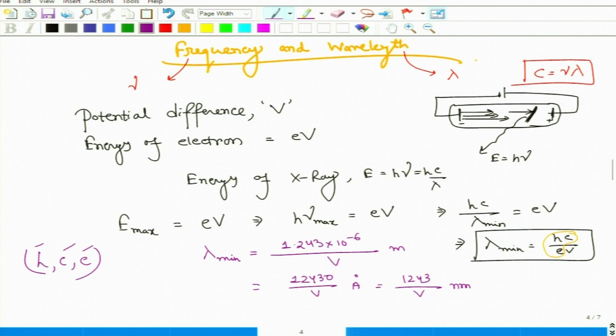Now it totally depends on our voltage. You have to understand that when the V voltage is given, X-ray is emitted, right? The X-rays have different kinds of wavelengths. The maximum energy that electron has is eV.